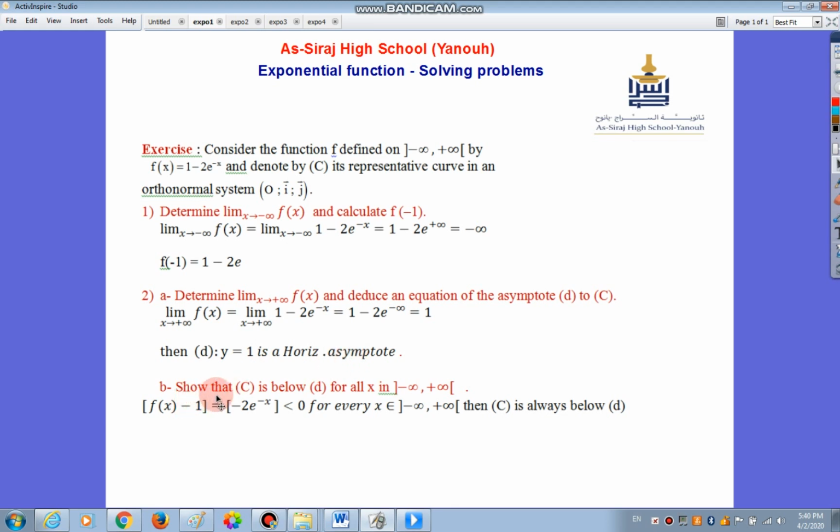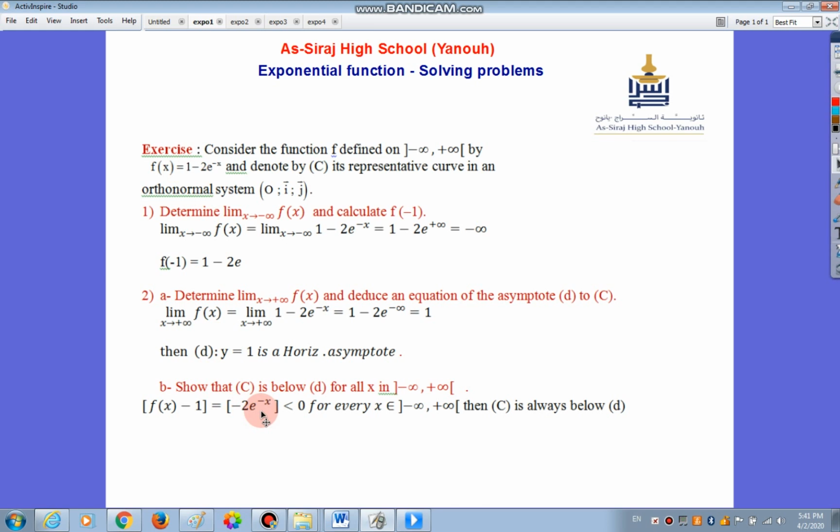Now, show that C is below D for every x in minus infinity to plus infinity. To show that C is below D for every x, I should find the difference between f(x) and the equation of the line D. So y of C minus y of D. Y of C is f(x), y of D is 1. So f(x) minus 1 is equal, according to the function f(x), to minus 2e power minus x.